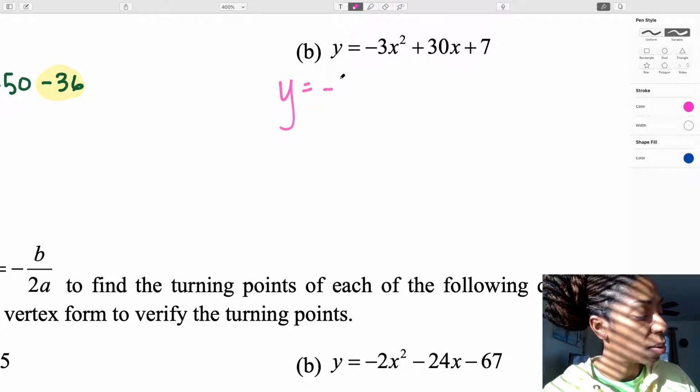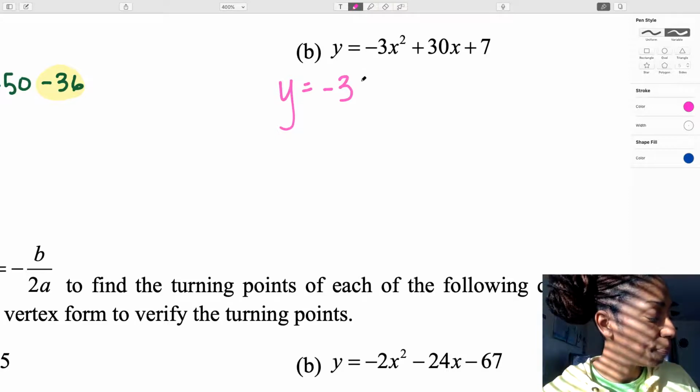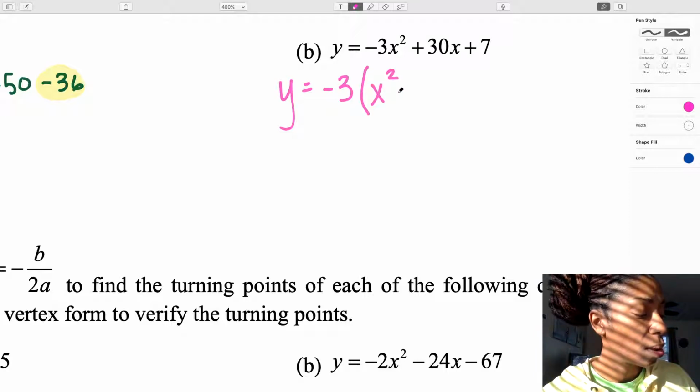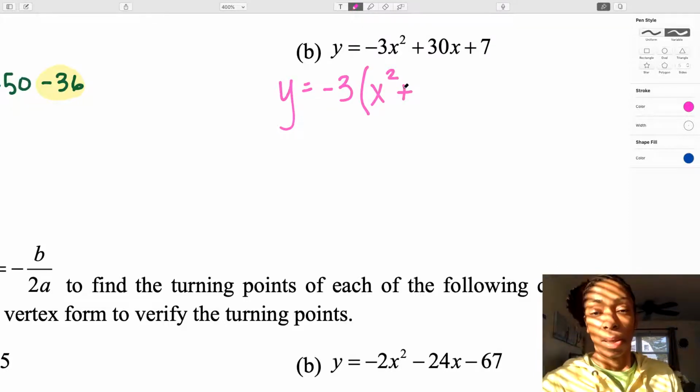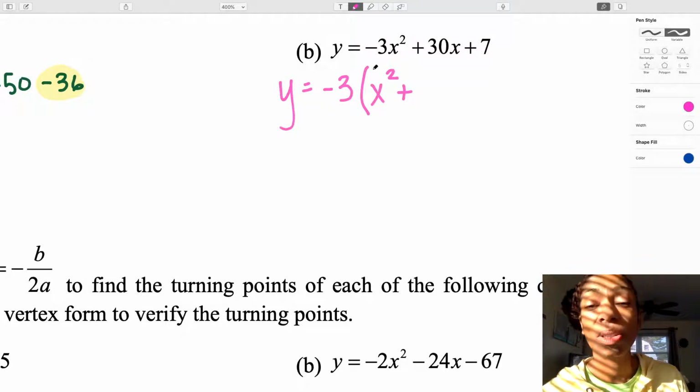Let's do it. Ooh, this one has a coefficient of negative 3. So we're going to factor that out, because completing the square only works when the coefficient is 1 for x squared.